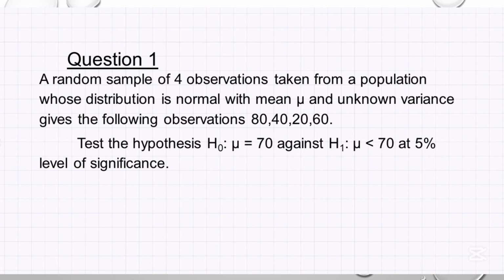So step 1, we just write them down. Your null hypothesis will be equal to 70 and your alternative hypothesis will be less than 70. Now, step 2, remember what I told you. You are going to state the level of significance.